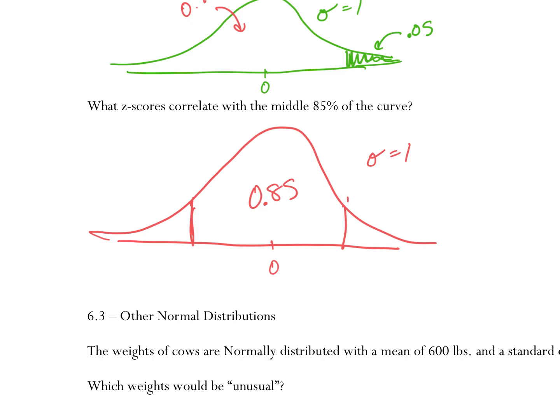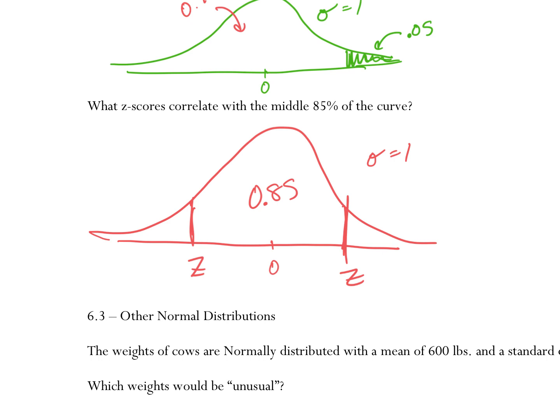Are you guys with me that if it is the middle 85%, there are actually two answers? And what can we say about these two answers if it's the middle? That this distance and this distance would be the same.